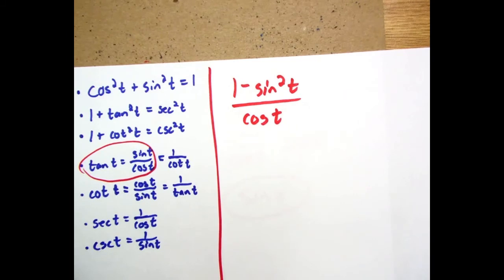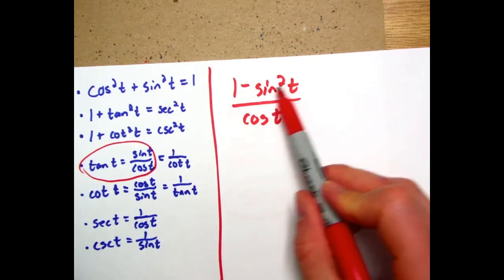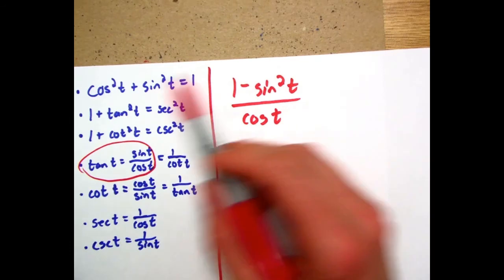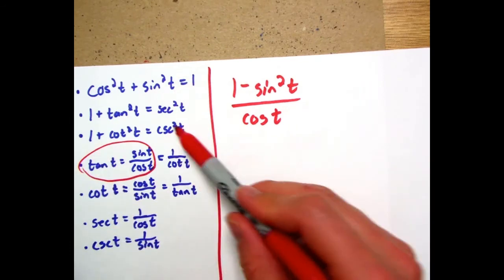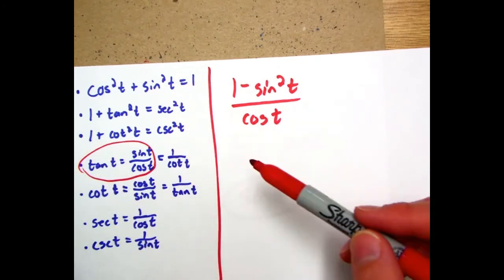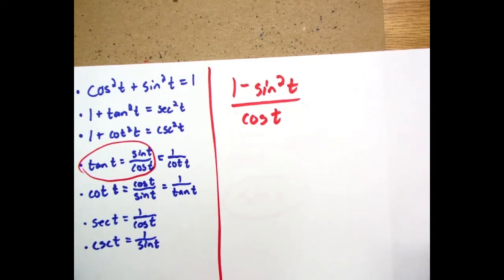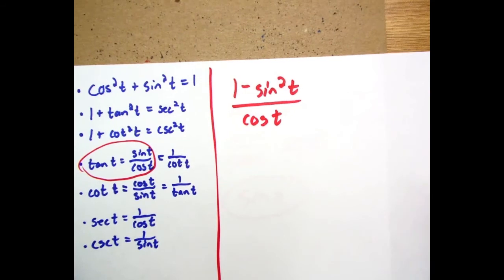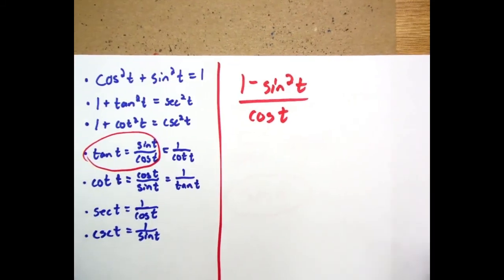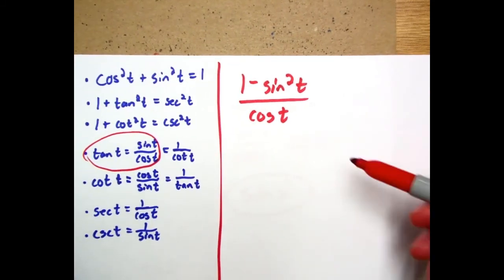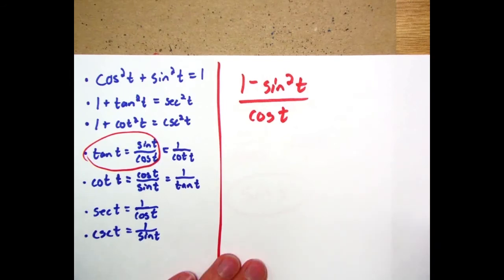But one thing I notice here is this says 1 minus sine squared of t. And I don't really have anything here that's equal to sine squared or anything like that. So I'm going to have to try something, right? And the biggest thing about doing these types of problems is trying something that you know is true and working with it and seeing if it gets you somewhere.